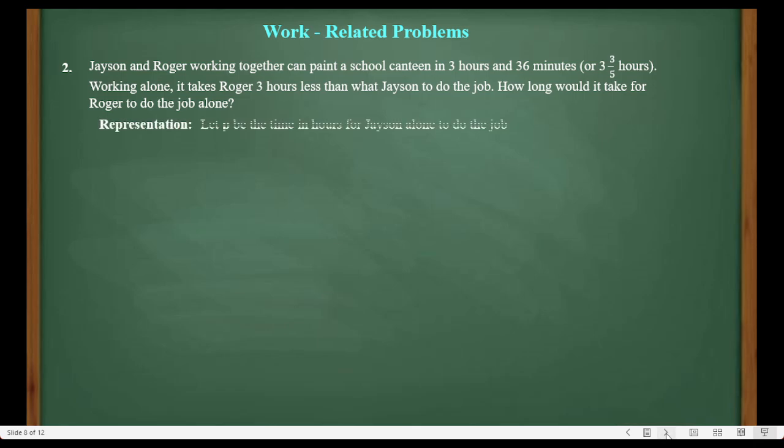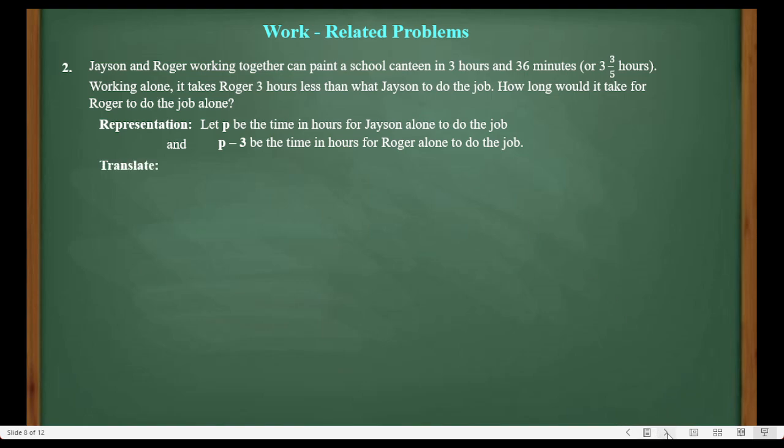So for our representation, we let P be the time in hours for Jason alone to do the job, while P minus 3 is the time in hours for Roger alone to do the job.